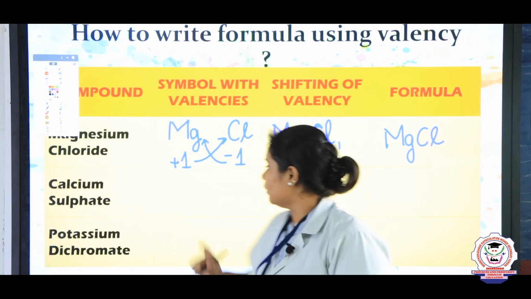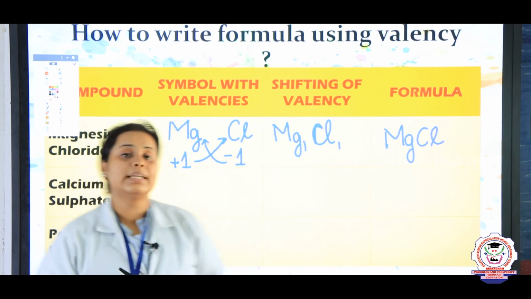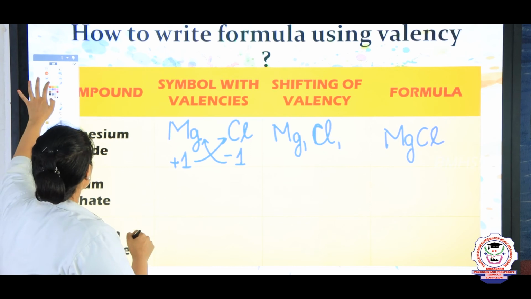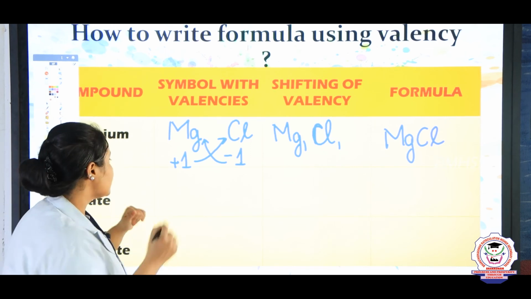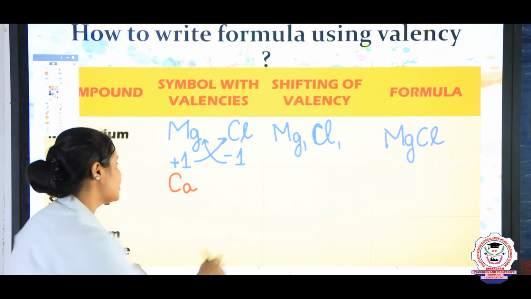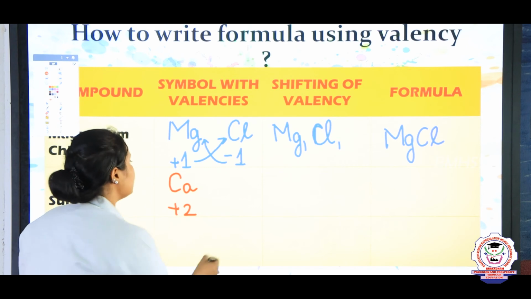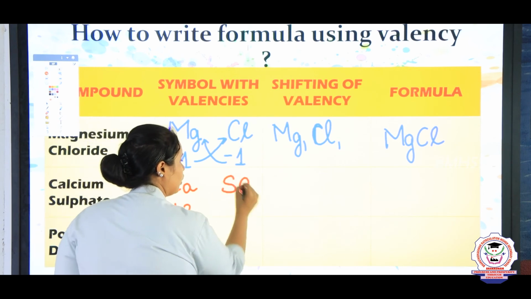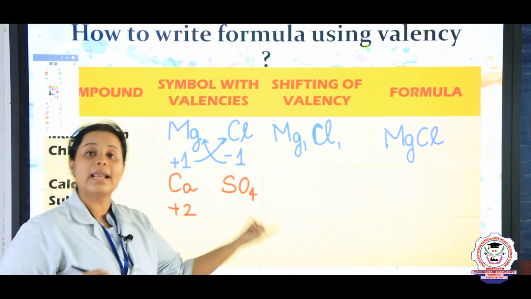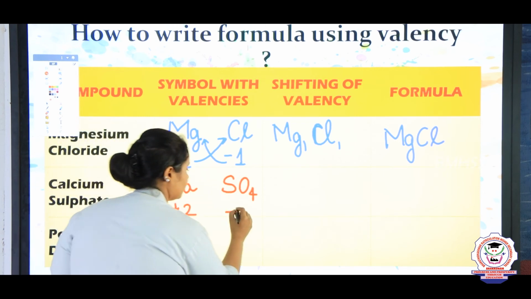Same way, for the second one, the name is calcium sulfate. Just see here, children, calcium is written as Ca and the charge of calcium is plus 2. Same way, sulfate is written as SO4 because it is a radical, and the charge of one sulfate ion is minus 2.